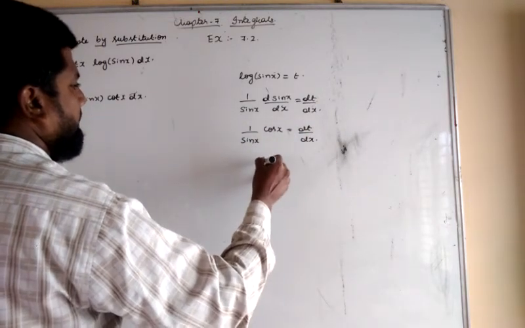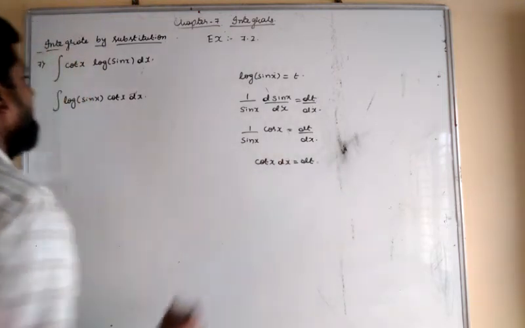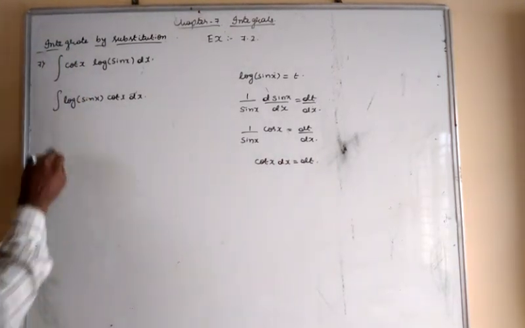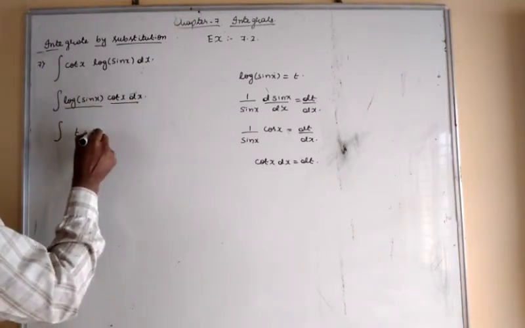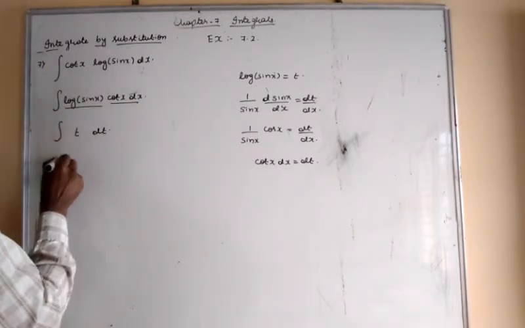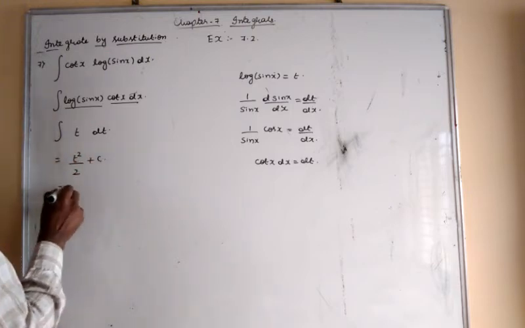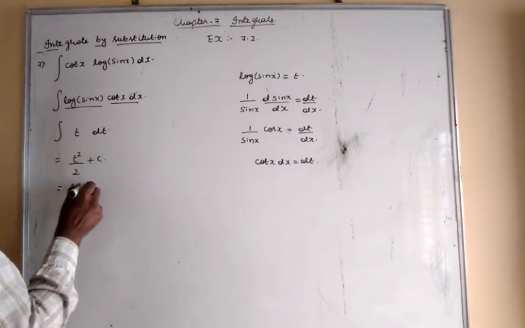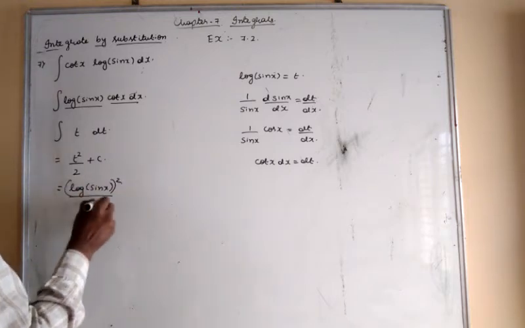Cos by sin means cot x dx is equal to dt. If I substitute here, this is t and this is dt. So integration of t means t square by 2 plus c. The value is log of sin x whole square by 2 plus c.